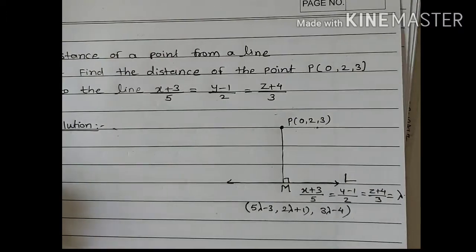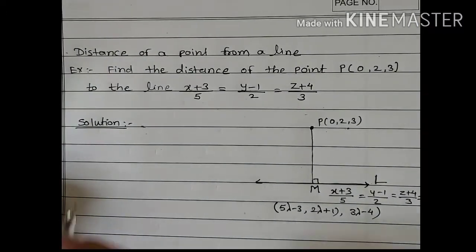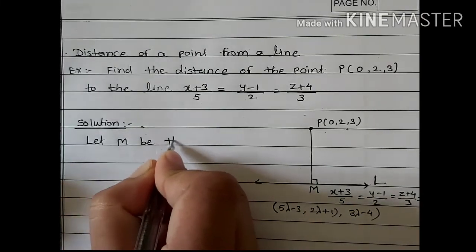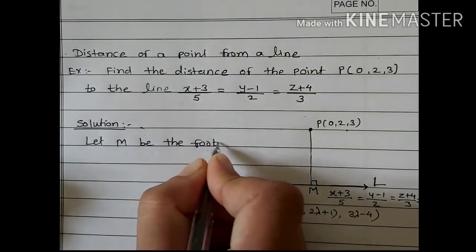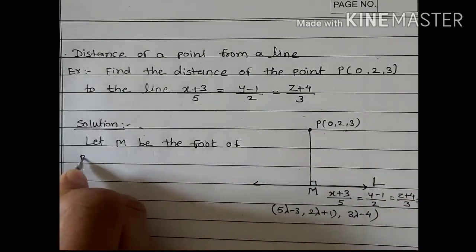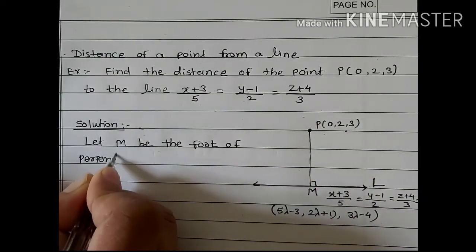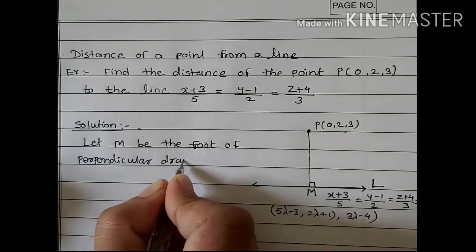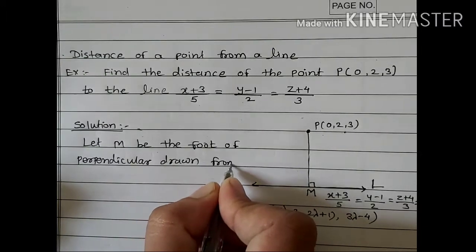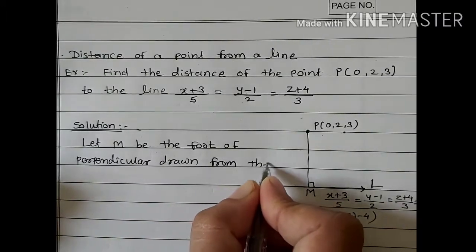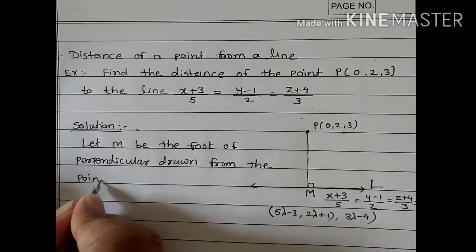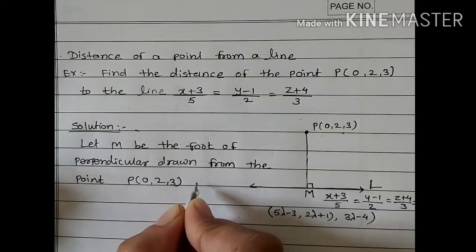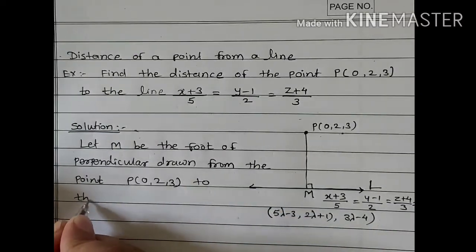So initially in answer I am writing here, let capital M be the foot of perpendicular drawn from the point P 0, 2, 3 to the given line.